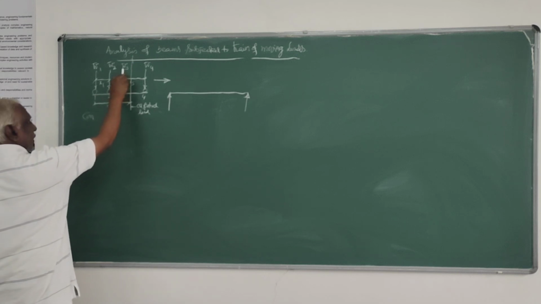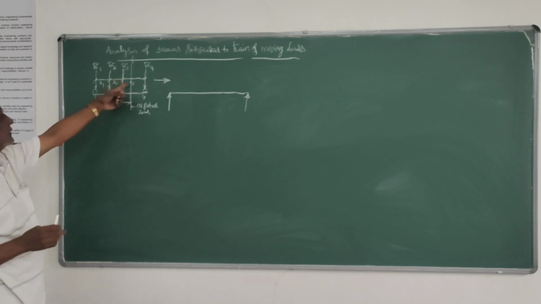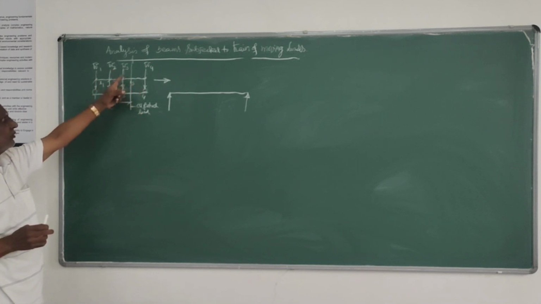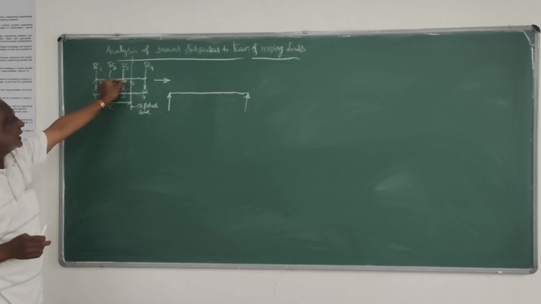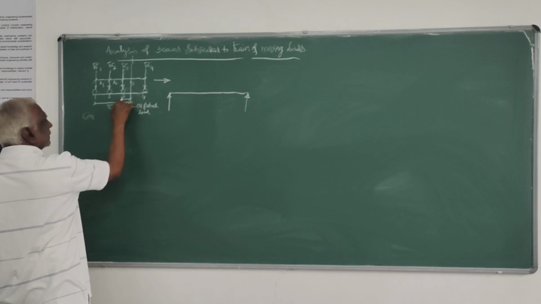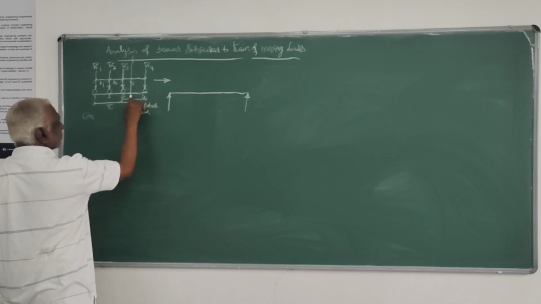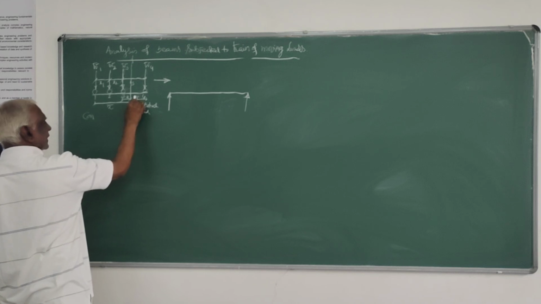Then also you have to identify the two concentrated loads which are on either side of this center of wheel loads. So the distance of these two wheels from either side of this, that also you have to locate.